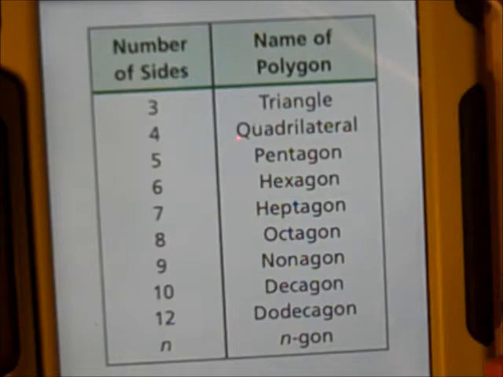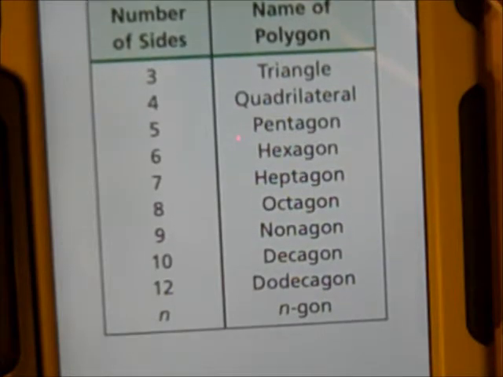So 11 is undecagon, like 1 and then 10 would be 11. And 12 is dodecagon, so like dos decagon, 2 and 10 would be 12. Anything higher than 12 we don't really call by numbers, we just call by the size. So 13-gon, 15-gon, 48-gon.